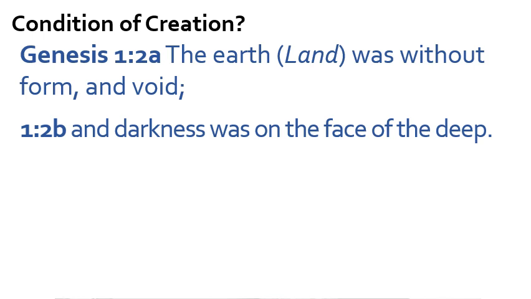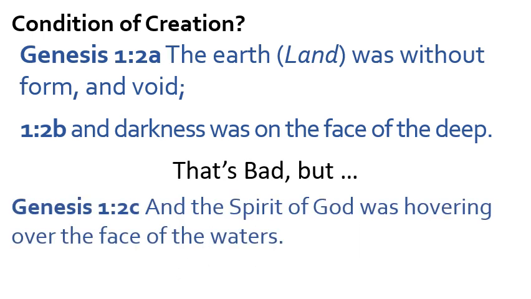You couldn't step on land, and there was nothing solid to stand on. And darkness was on the face of the deep. There was no light, so you could not stand anywhere. You would sink into the water, and you could not see. That's very bad. But don't lose hope.